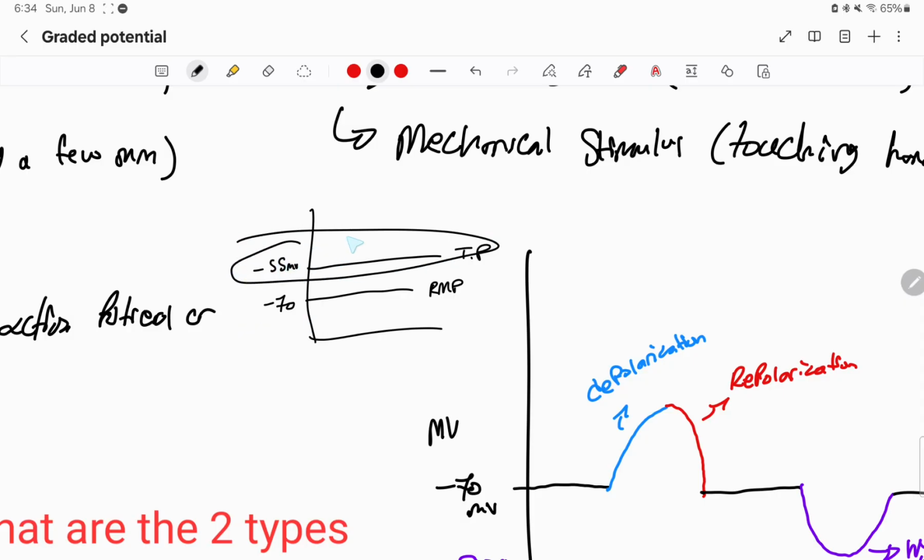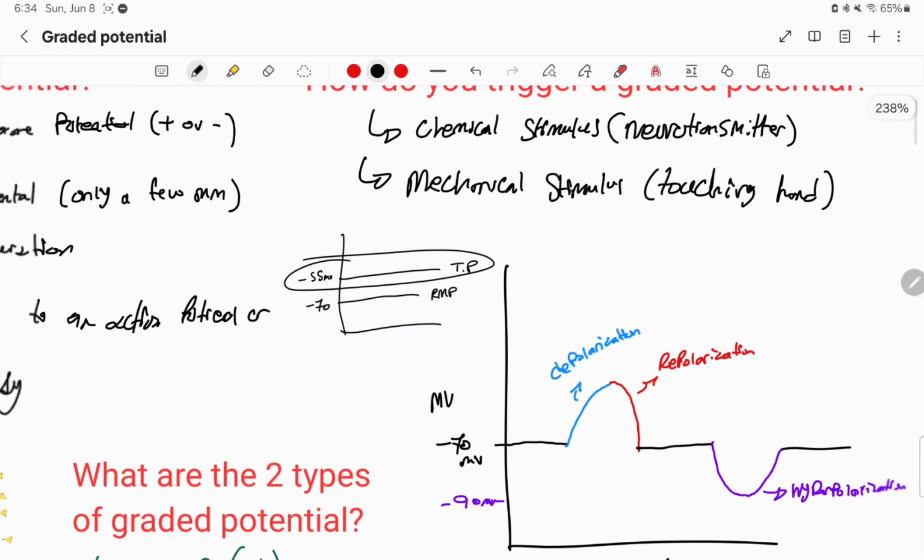As soon as I hit this voltage, I would launch an action potential. If I'm depolarizing but I don't hit that voltage, no action potential occurs. But if I depolarize and I hit that voltage, then I launch an action potential.